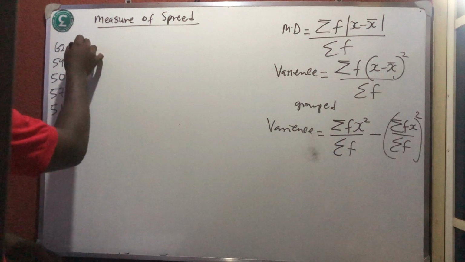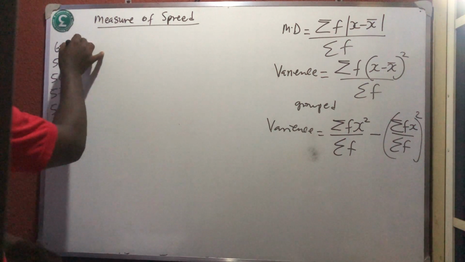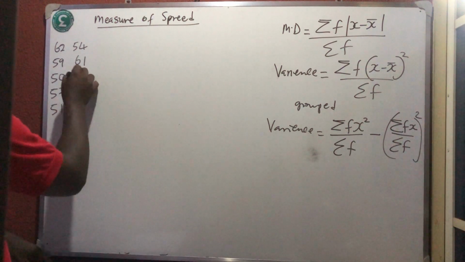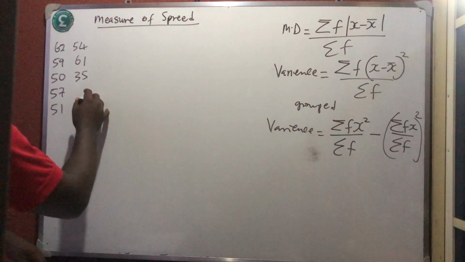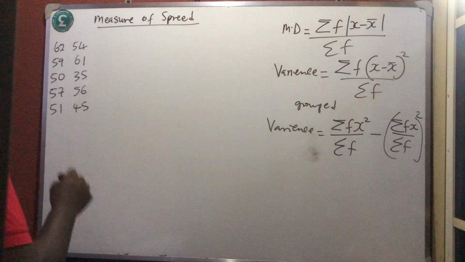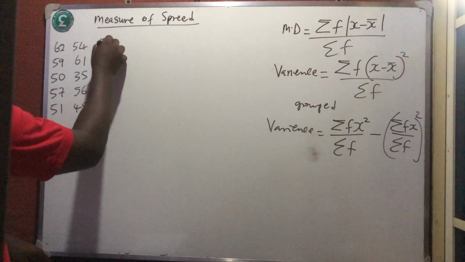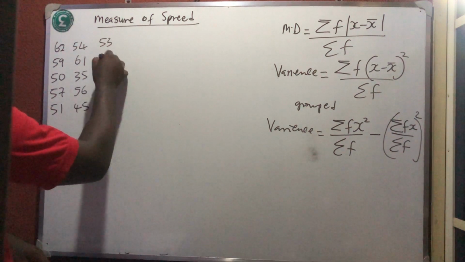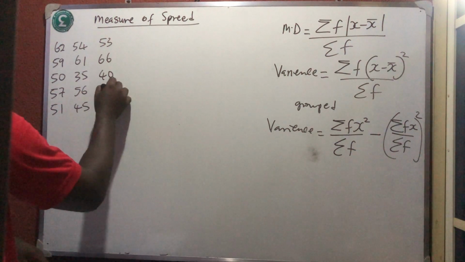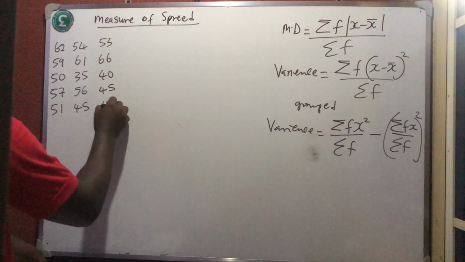Then I gave 54, 61, 35, 56, 45. Then I gave 53, 66, 40, 45, 48.